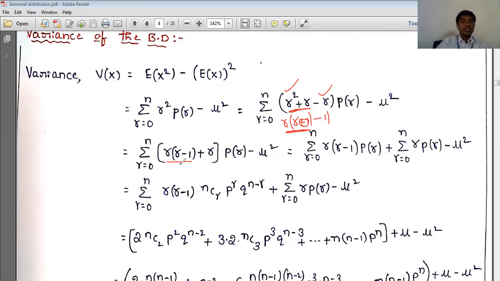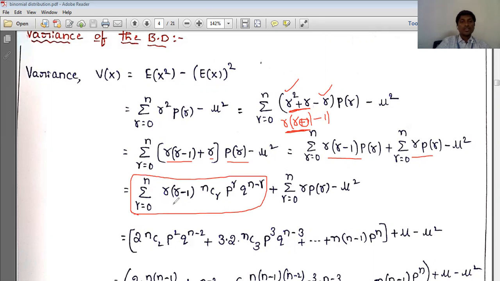And now we are going to simplify this one. So first we are multiplying p of r for this term and separating the terms. So r into r minus 1 into p of r plus summation r into p of r. Nothing more we did, we just multiplied these terms into p of r and separated. And now we are substituting, in place of p of r, nCr p power r q power n minus r.